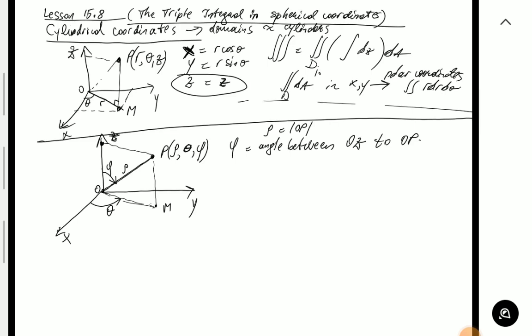So distance and two angles. Okay, so you'll see with an example why this representation is going to be very advantageous in some cases. But for now, let's focus on determining the relationship between the Cartesian coordinates and the spherical coordinates. Right? So rho, theta, phi are the spherical coordinates.